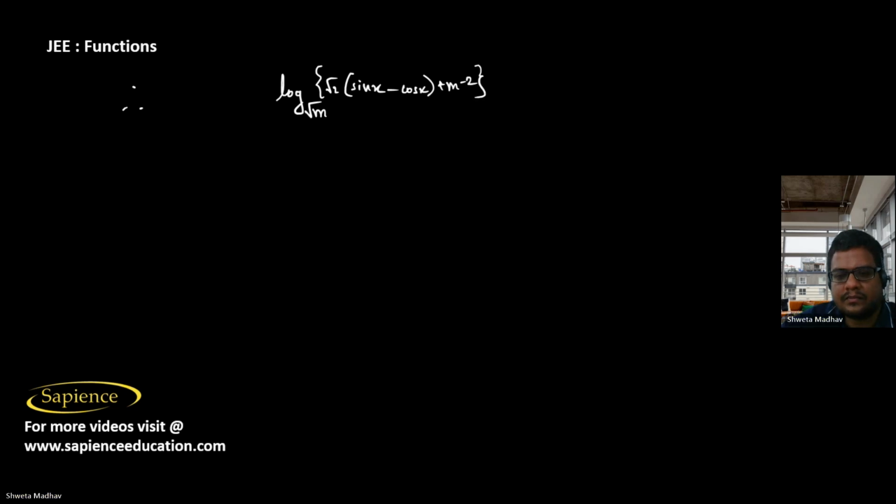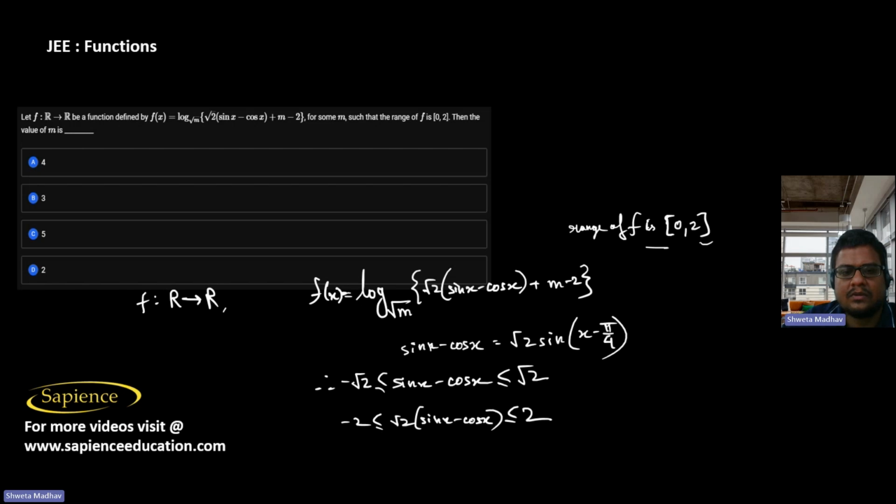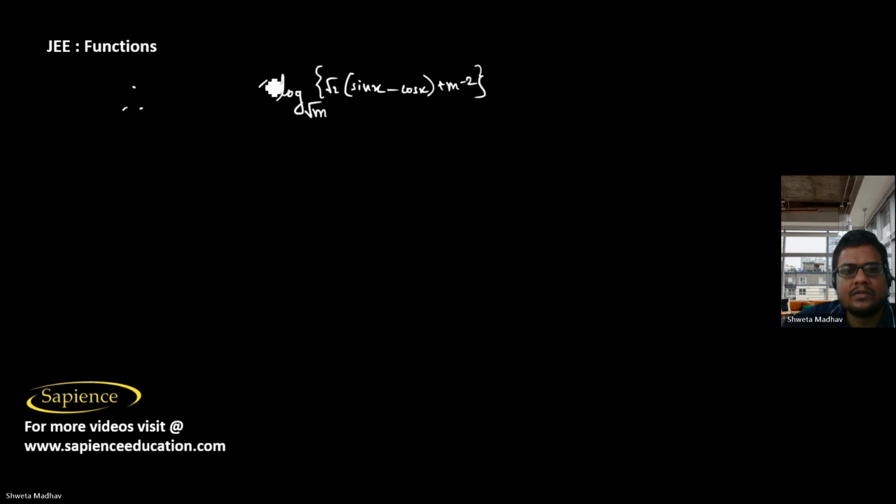So now therefore log base root m of root 2 into sine x minus cos x plus m minus 2 will go from log base root m, its minimum value is minus root 2, so it will go from m minus 4 to m, since its maximum value is root 2.